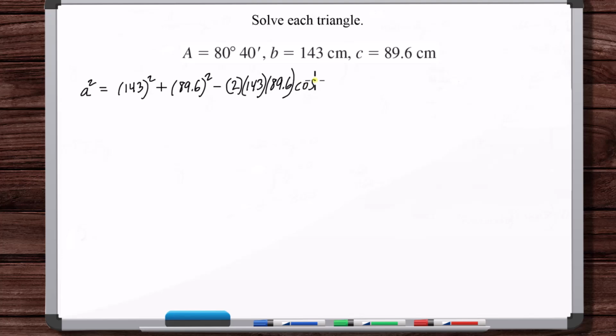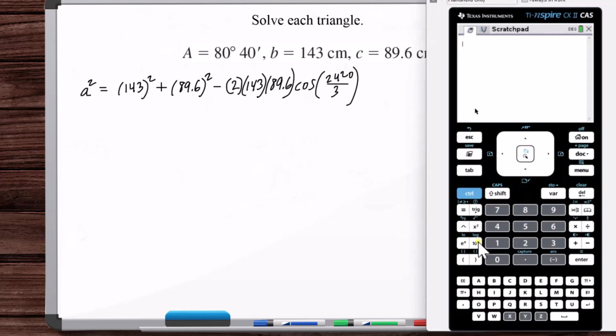Okay, now cosine of, so what is 40 minutes in degrees? That's 2/3 of a degree. So 80 and 2/3 of a degree is what? 80 times 3 is 240, so 242 over 3. So 242 over 3 degrees.